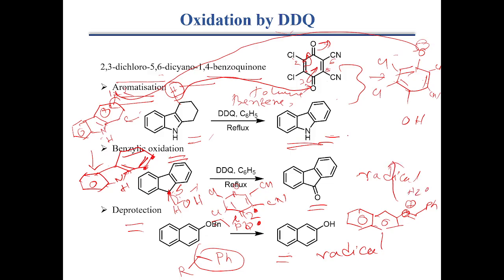After the reaction of water with this oxonium ion, it will form this and OH. Now this alcohol pushes the electrons and deprotects the benzyl group. The benzyl goes to benzaldehyde, the deprotection happens, and it forms the alcohol.